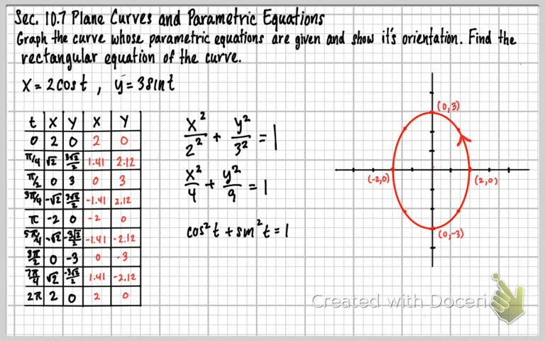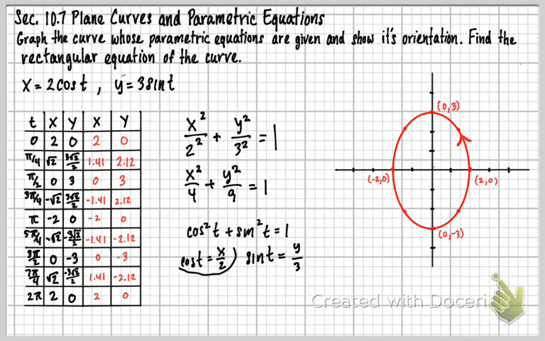And if I look at this and solve these for both sine and cosine, for this first one, I would get, actually I'll write it down below, cos of t equals x over 2. And sine of t would equal y over 3. And with this equation, I can just actually plug those in.